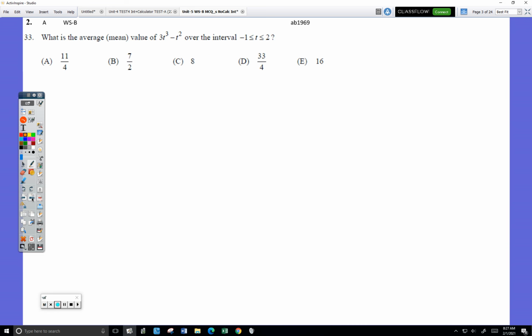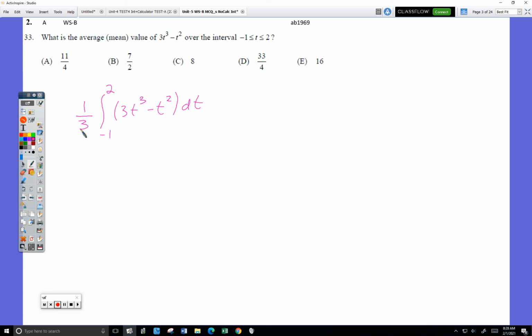Number 2 says, what is the average value of 3t cubed minus t squared over that interval? The first thing you have to do is remember from unit 4 that to find the average of a function, you are going to want to integrate the function over the interval of interest. Don't forget your parentheses here. And to find an average, we not only must integrate, we must also multiply by the difference between the 2 limits.